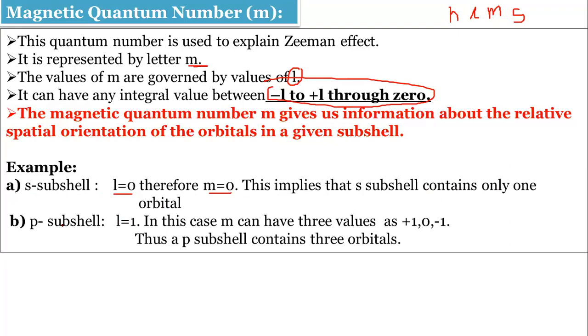For the P subshell, I will explain here. For the P subshell, you know the value of l is 1. So the value of m will be, what is the relation given?